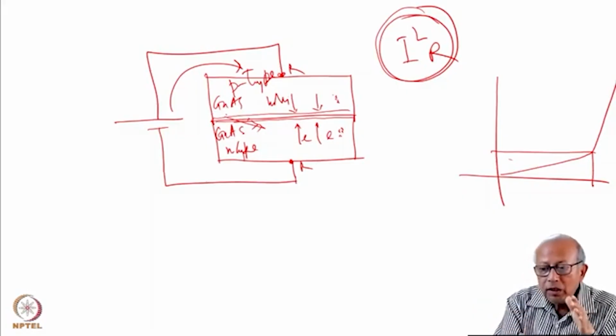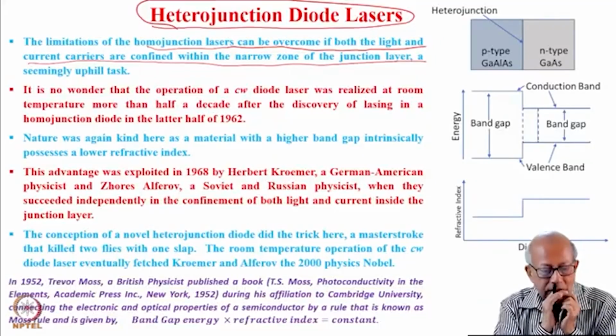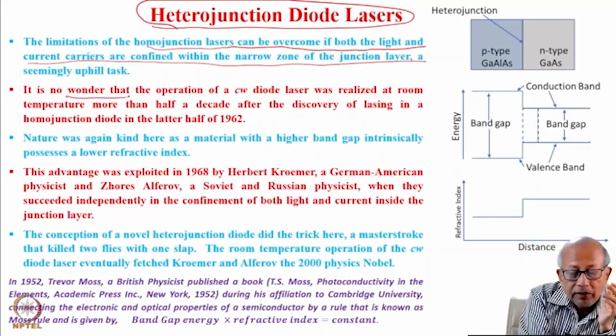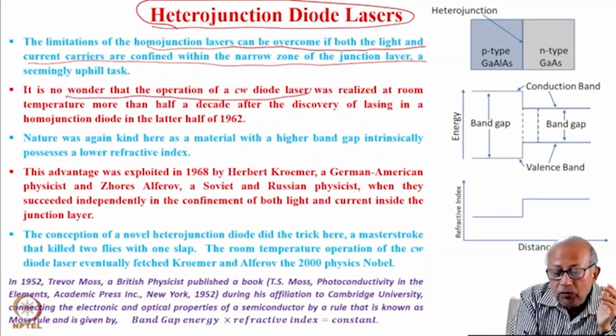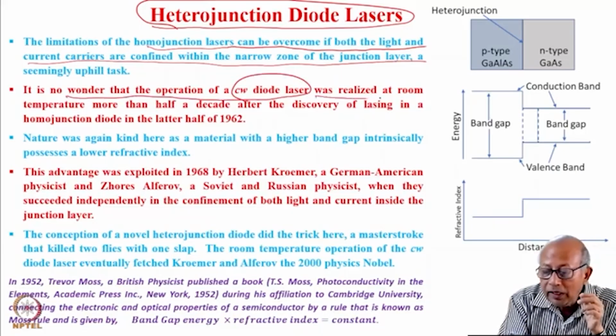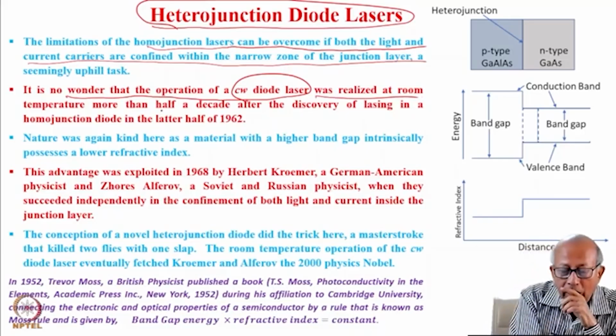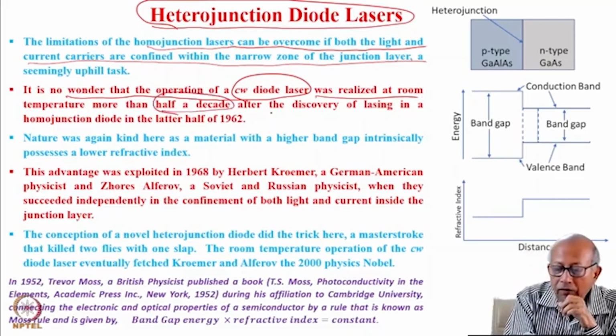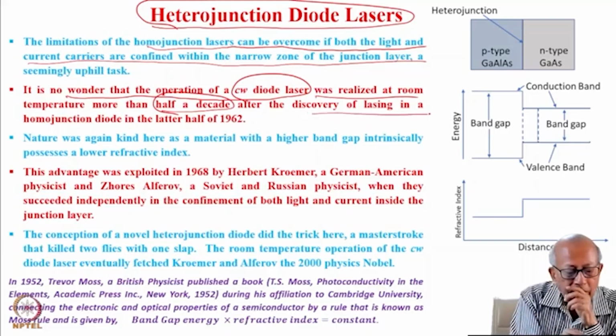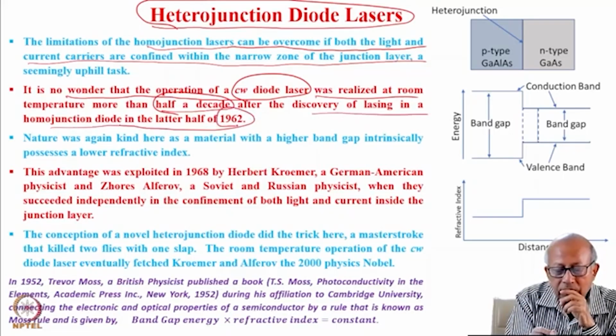This, of course, is an uphill task. And it is not surprising that the operation of CW diode laser was realized at room temperature more than half a decade after the discovery of lasing in a homojunction diode in the later half of 1962.